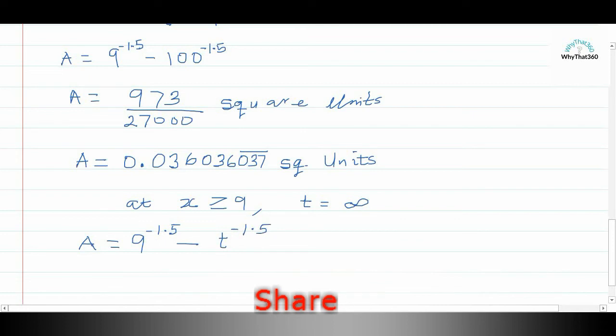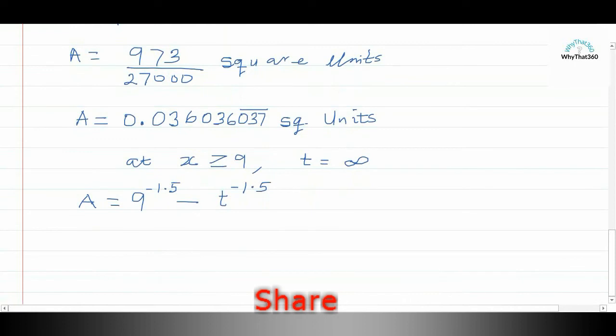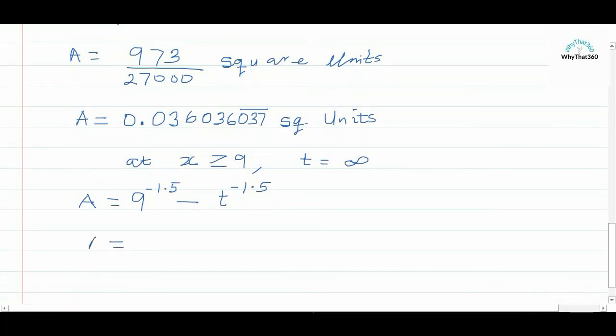In other words, we can say this whole thing is the same as area, which is equal to 1 divided by 9 to the power 1.5 minus 1 divided by t also to the power positive 1.5.